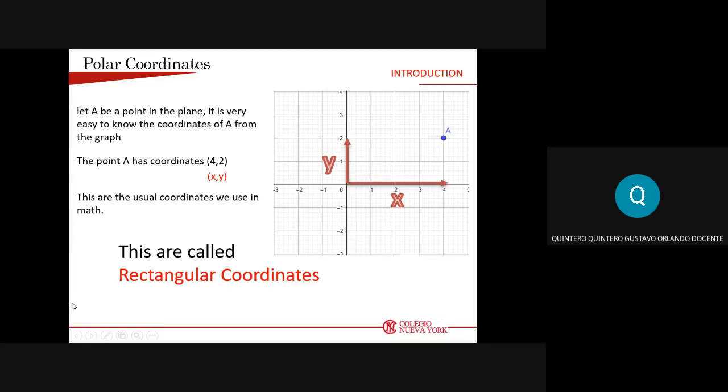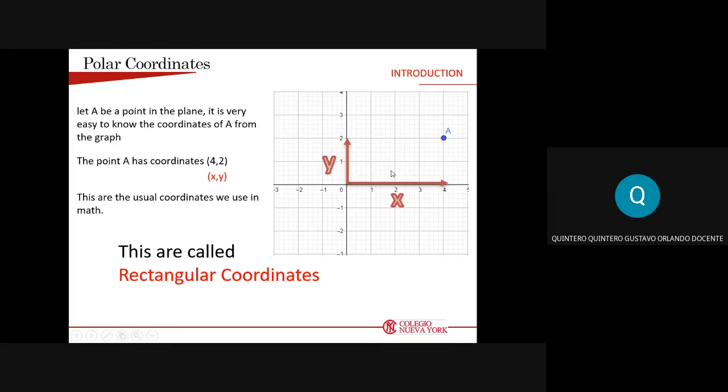these coordinates are not the only ones that we have. In fact, you guys are not going to believe me. In fact, to calculate things in most aspects of life, we don't use rectangular coordinates.